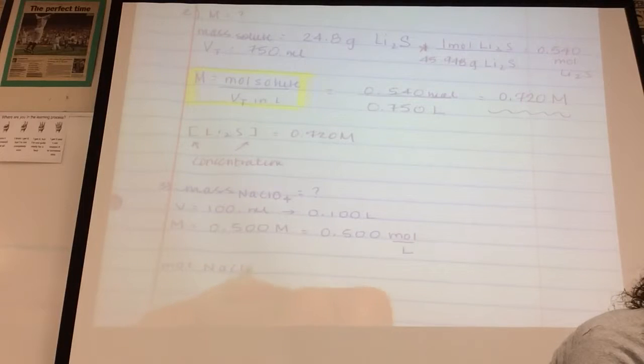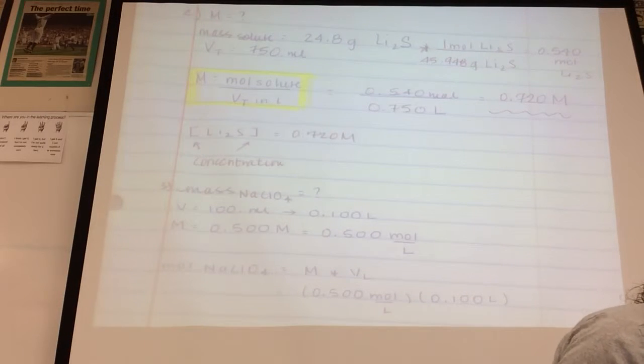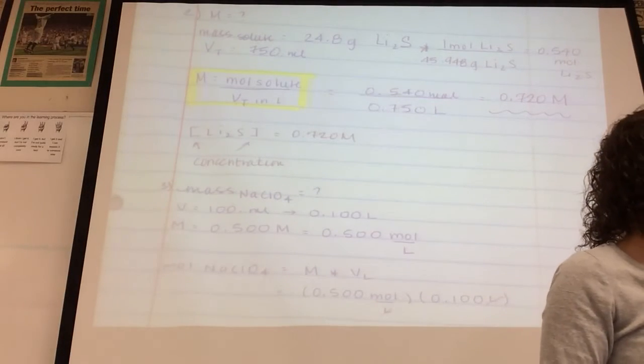Moles of sodium perchlorate is equal to the molarity times the volume in liters. So we have 0.500, and this is why I said if you wrote the units out, you might see the cancellation. The liters will cancel. And you've got 0.0500 moles of sodium perchlorate.